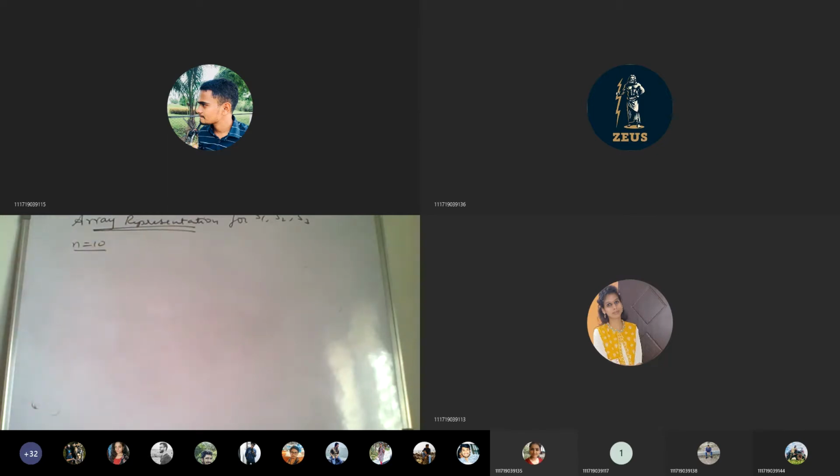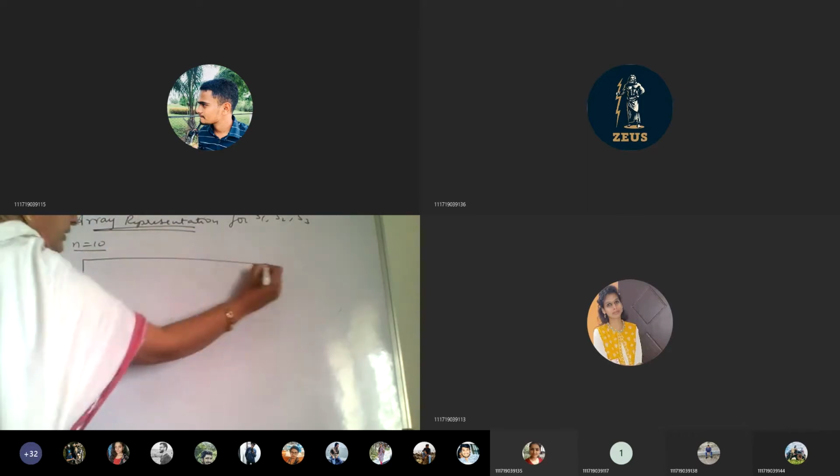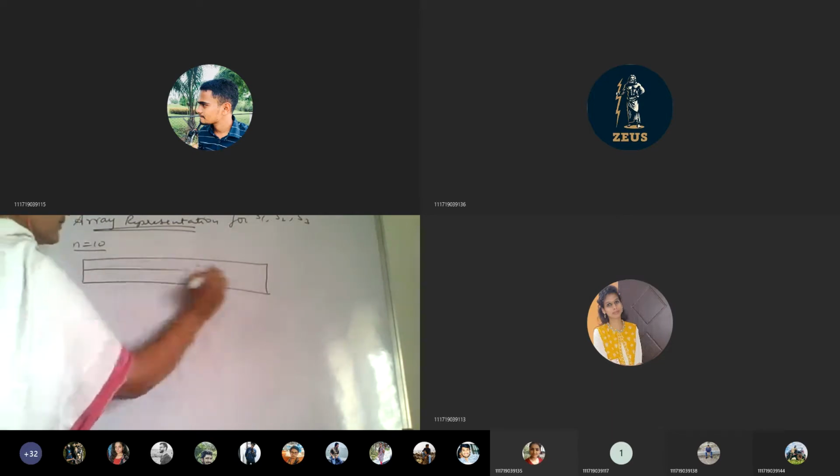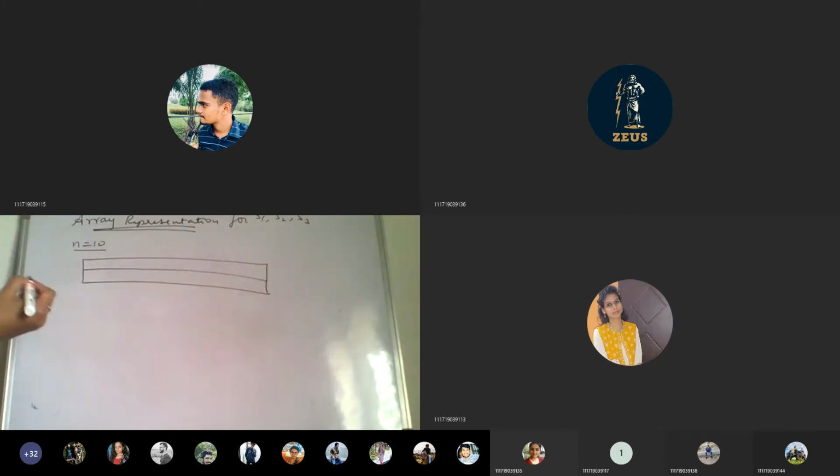So in order to do that, we are going to maintain parent and the corresponding tree nodes. So for that we are going to maintain an array.